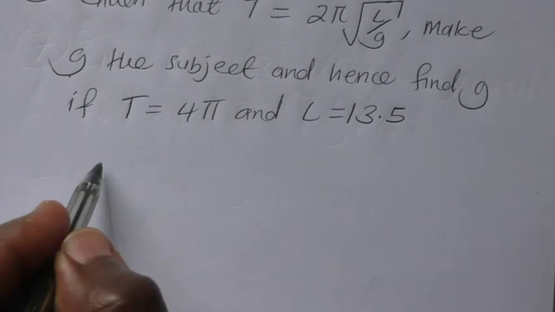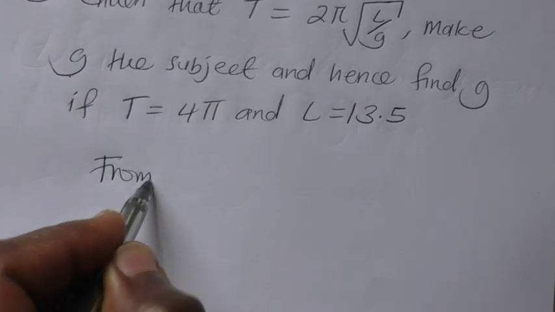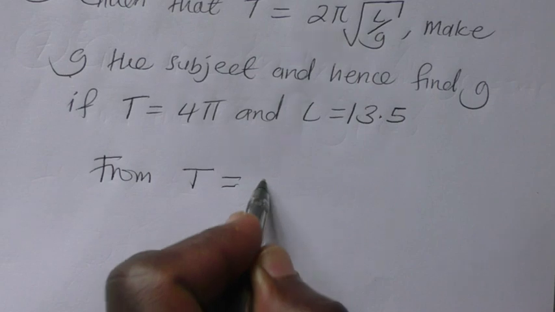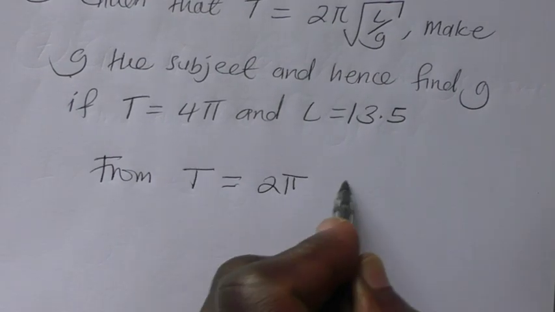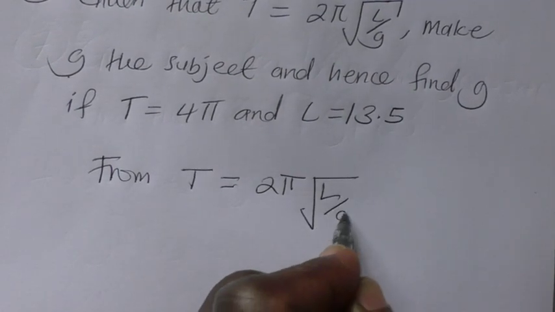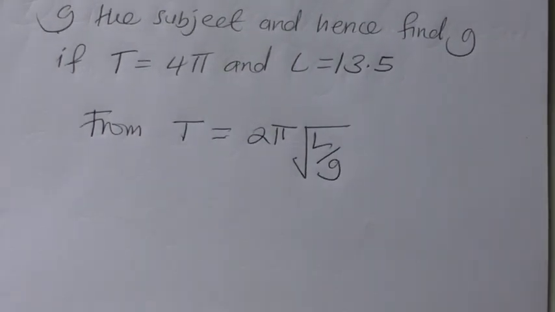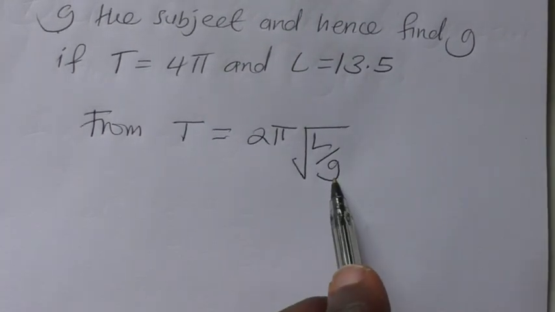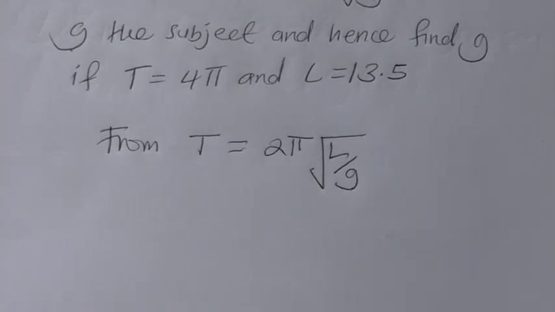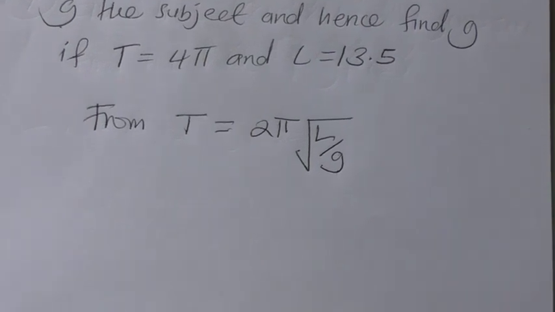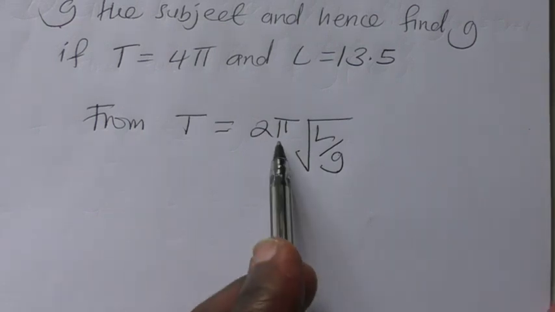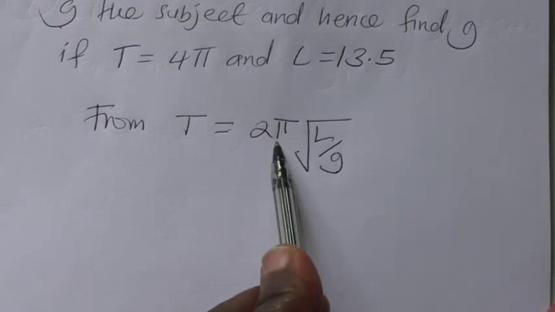So from t equals 2 pi into the root of L over g, we are in the process of making g the subject. In that process, we shall first of all take the easier terms to the other side. We have a term outside the root.